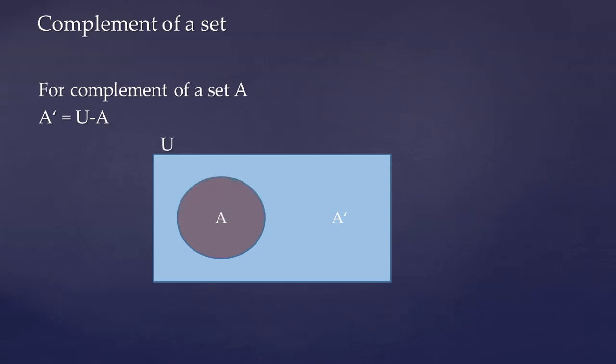Here U represents this whole rectangle and A is a subset of set U, and A complement is represented by U minus A as this shaded region. It is the area of U which is not in set A. It is called the complement of set A.